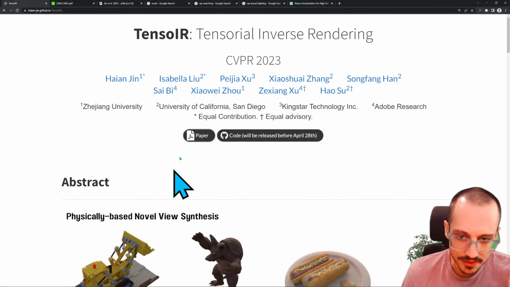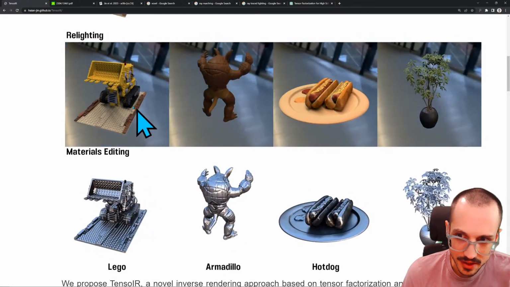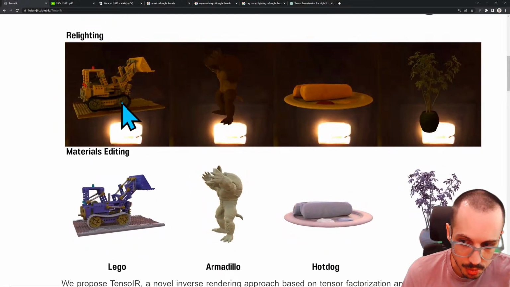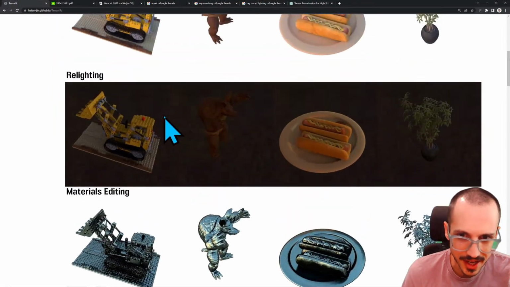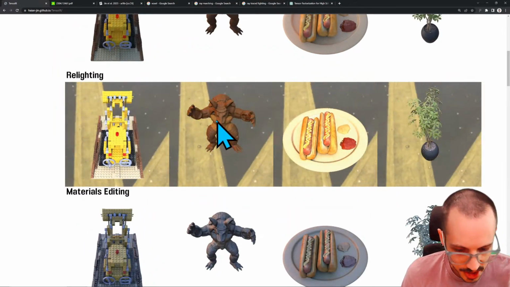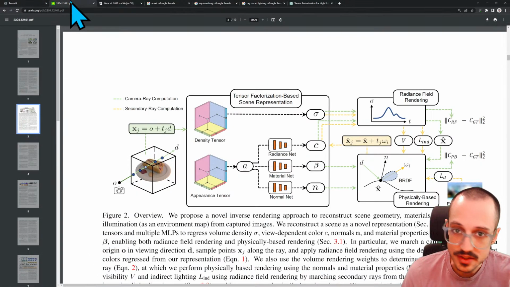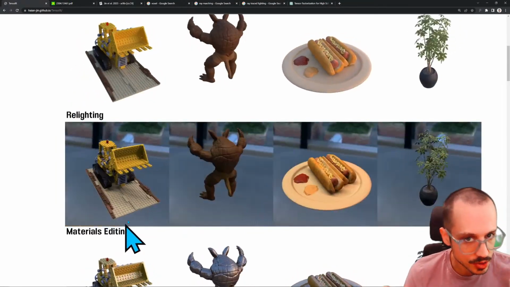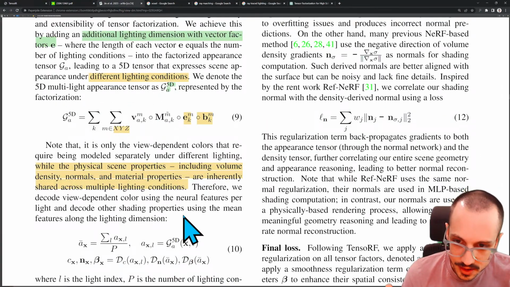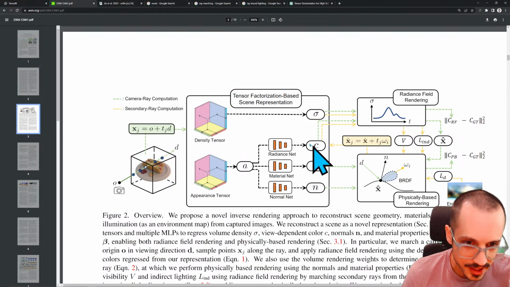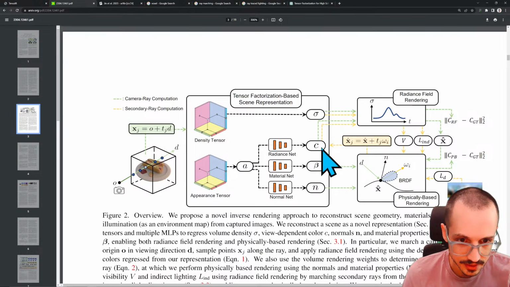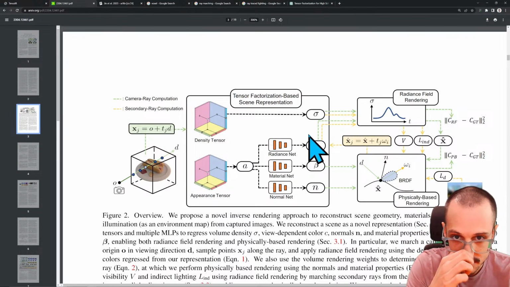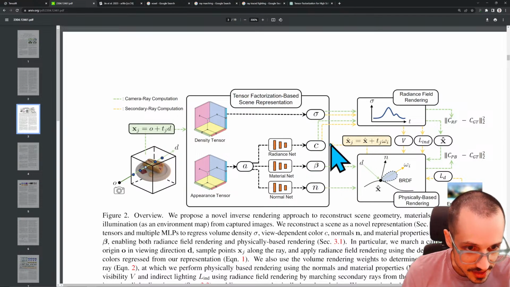If you change the lighting of a scene, the density of each individual point in space should be the same. The lighting isn't going to change that. The material properties are also not going to be changed by the lighting. The normal vectors, which represent the surface, are also not going to be changed by lighting. So what they're saying here is that only the color, only the radiance net here, is going to be changed by the lighting. So you can see here that's why these yellow arrows only go into the color.